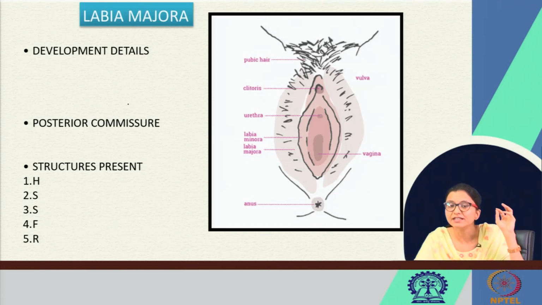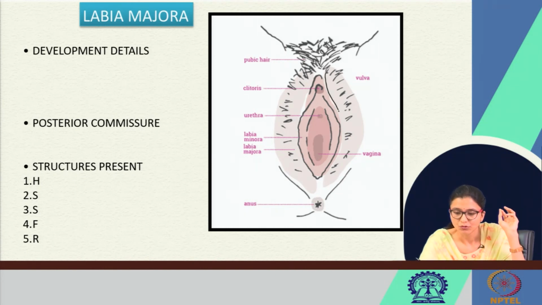Coming to individual parts of the vulva, we have told the mons pubis is anterior. Then number 2 are the labia majora. These two structures on both sides are the labia majora.